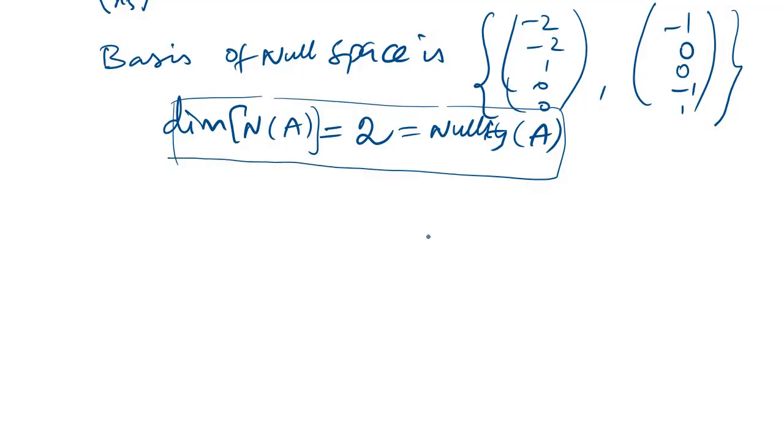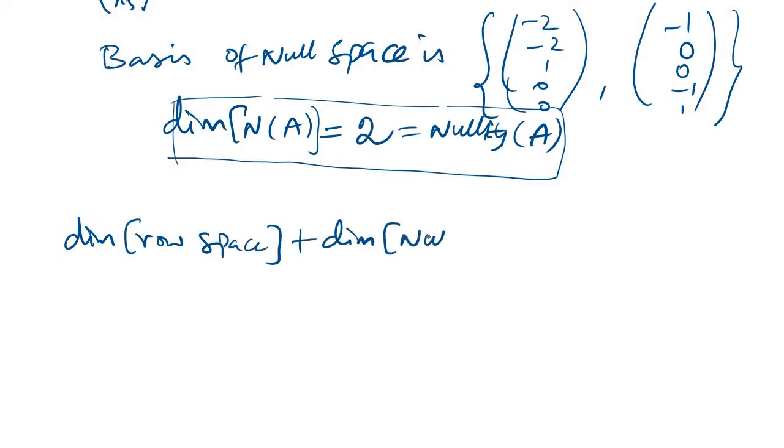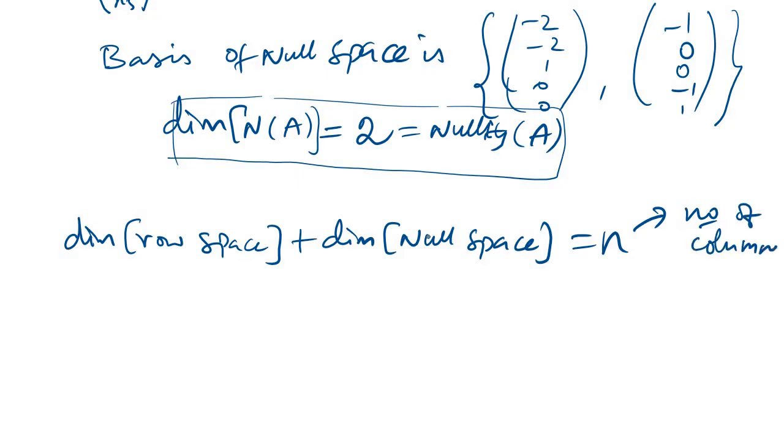Now we have to prove dimension of row space plus dimension of null space equal to n. Here n is nothing but the number of columns in the given matrix A. And we found the dimension of row space, that is the rank of A. We can write this statement as rank of A plus nullity of A equal to n.